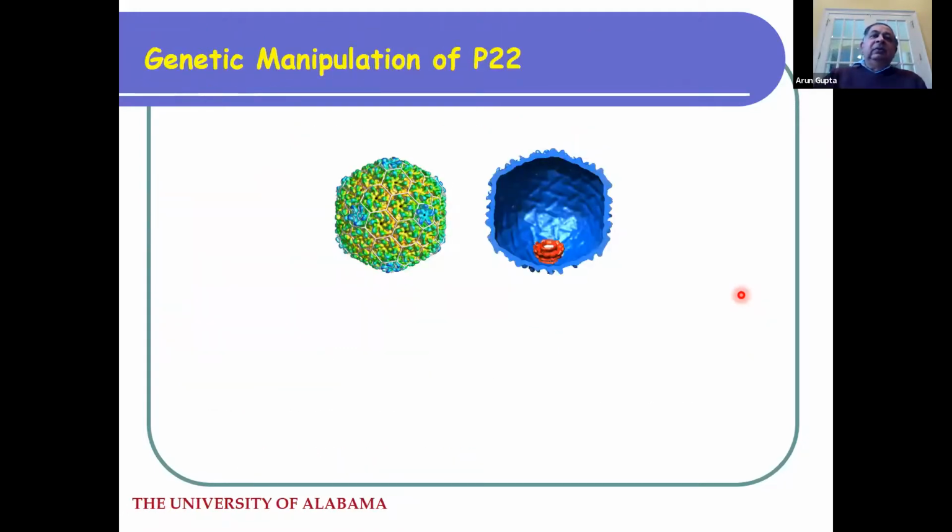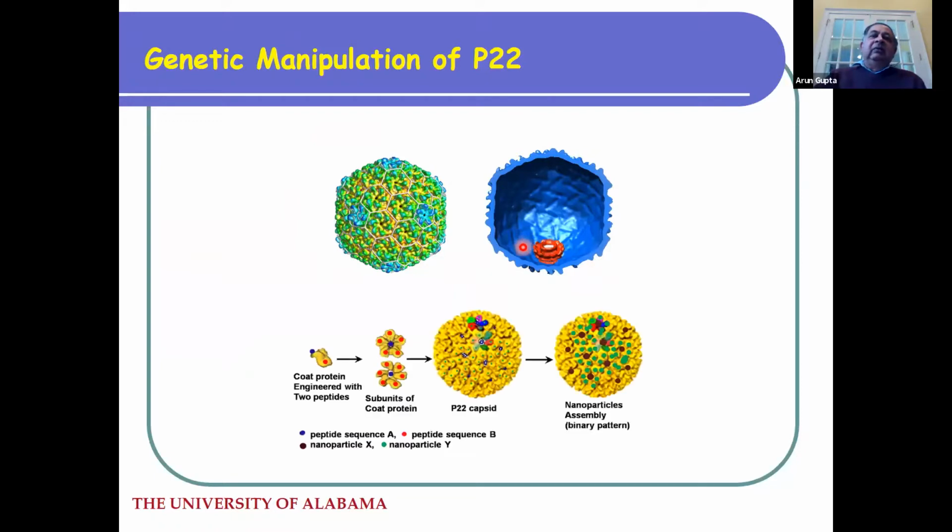So the ultimate goal is, as I said, to grow three-dimensional architectures, either on the outside of the surface of the viruses or on the inside of the viruses. And we can play different tricks. For example, we can grow different inorganic materials on different parts of the outside of the surface, by genetically engineering them to selectively nucleate specific inorganic materials.